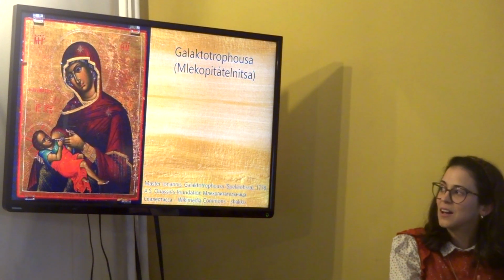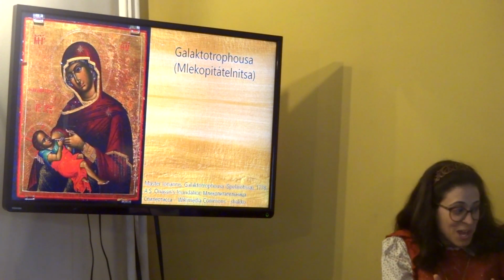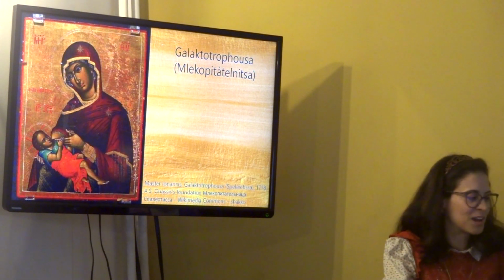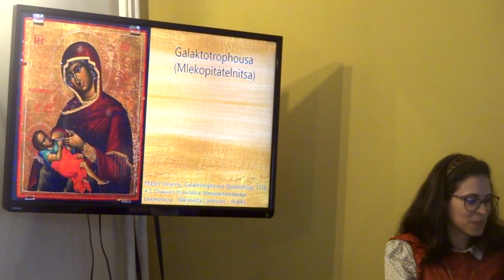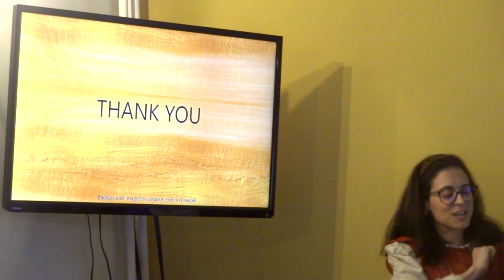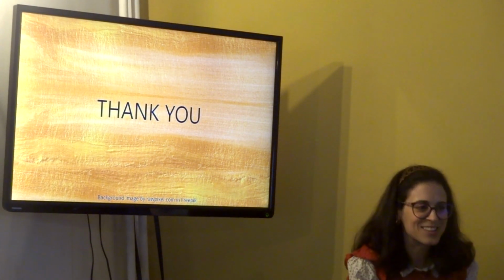But in the West we were more okay with that, and we saw it as an image of tenderness as well. So it got really popular. So I think that is everything, and we are early. If you have any questions, thank you very much.